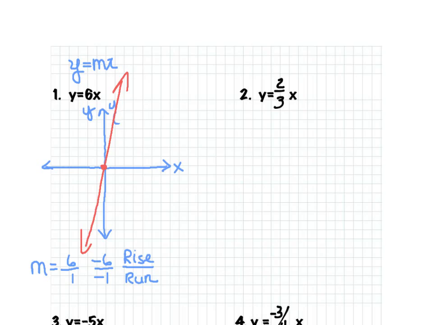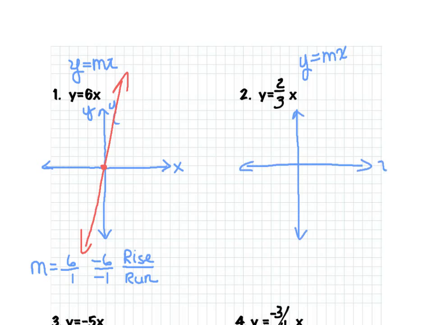Okay, number 2. Y equals 2/3 x. When I look at that equation, I realize it's a direct variation equation because it takes the form y equals mx. Let's go ahead and graph it. The first thing I'm going to do is always start with the one point that I know this line goes through.